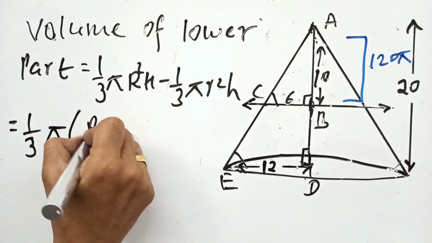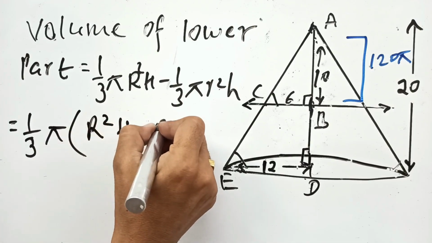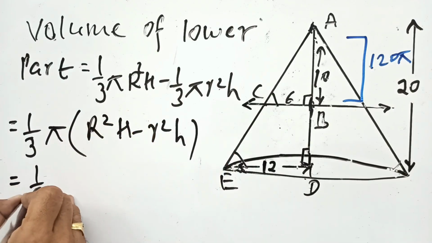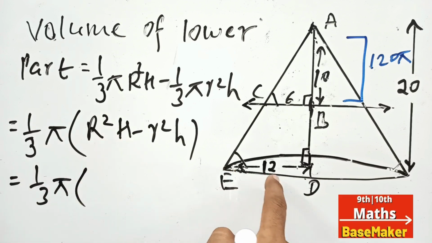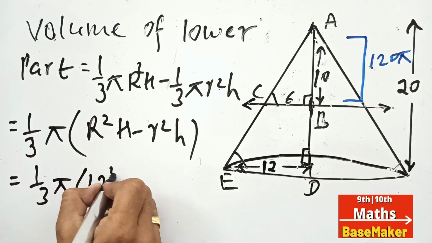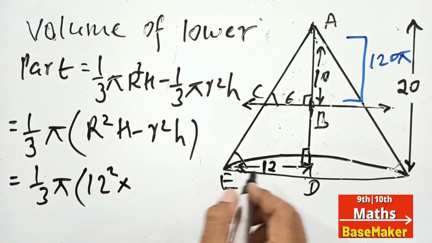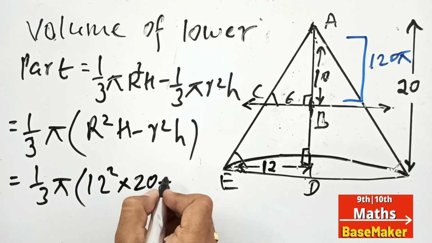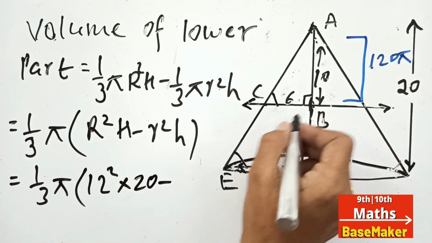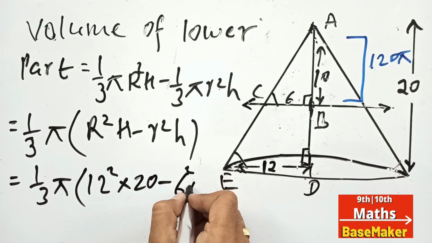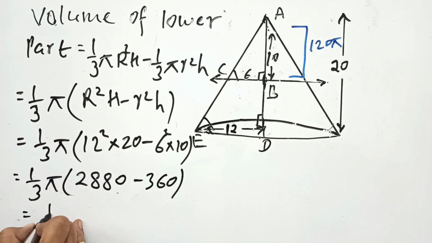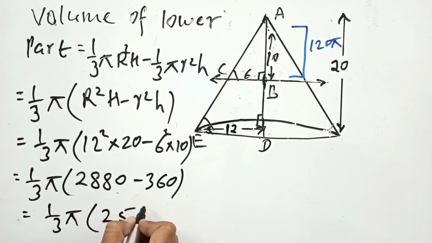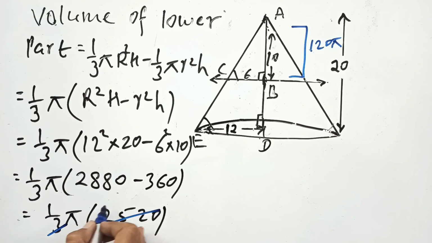So R square H minus r square h. Capital R and capital H mean 12 square into height 20, minus small r small h, so it is 6 square into 10. Separate from this, 2520 cancel by 3.